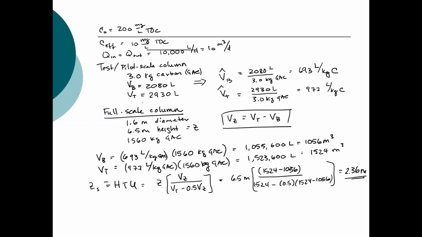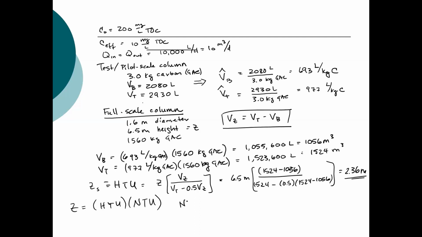So that's the height of the transfer zone, or the height of the transfer unit, same. The product of the height of the transfer unit and the number of transfer units is equal to the depth of the column.